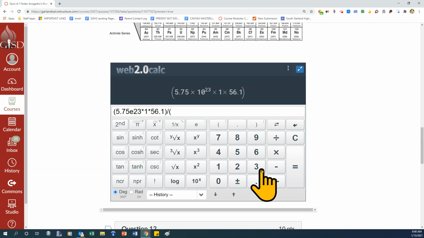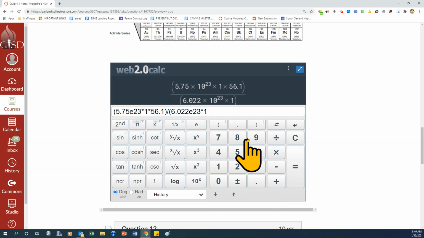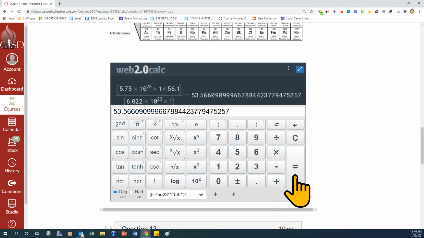So the bottom would be 6.022 E23 times 1, close parentheses, and enter.